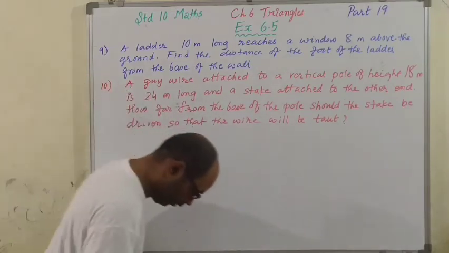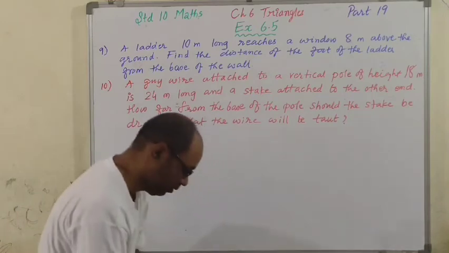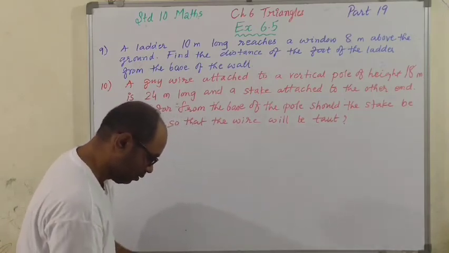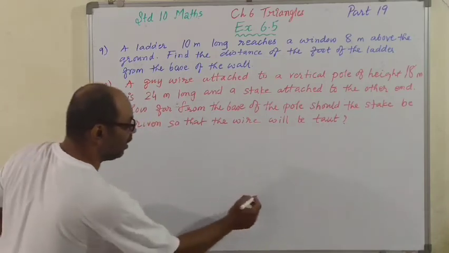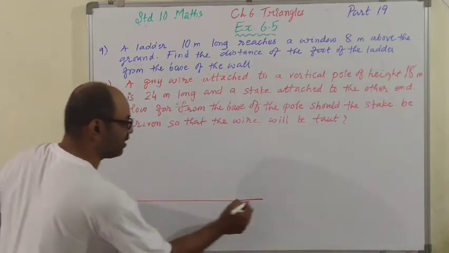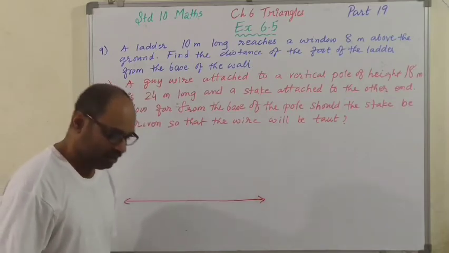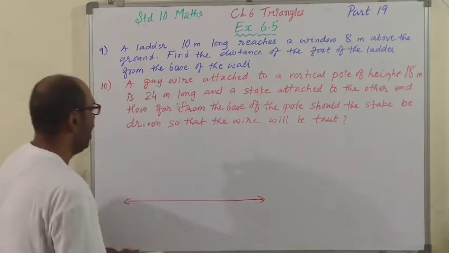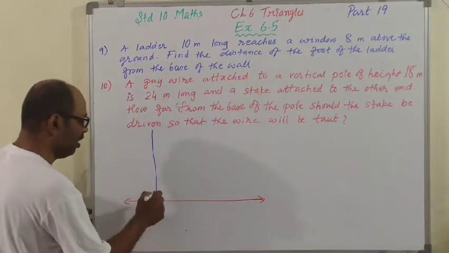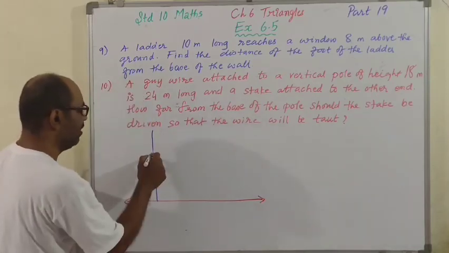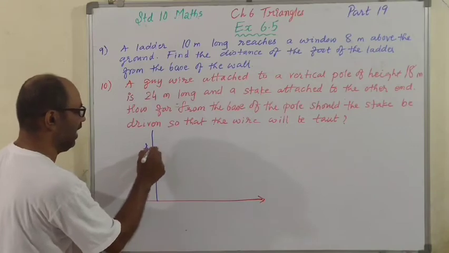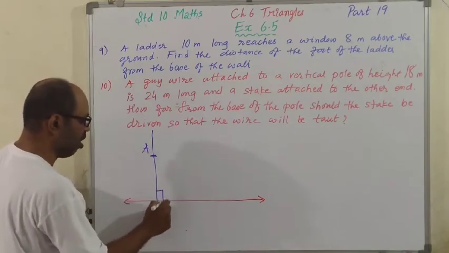Here, this horizontal line represents the ground, and this blue line represents the wall. The wall goes ahead, but the window is here at A. This is the base of the wall.